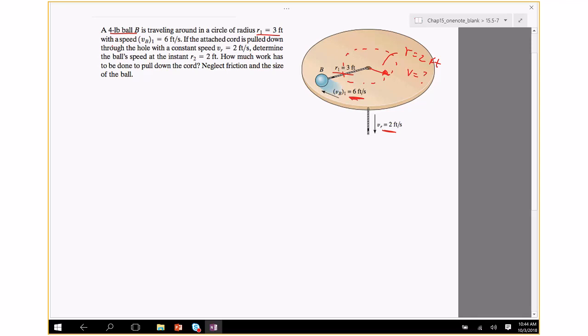Initially, you're given that the velocity is 6 when the radius is 3 feet, and you also have to find the work done in pulling down the cord.